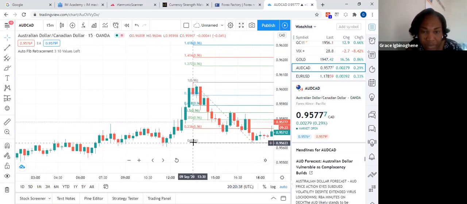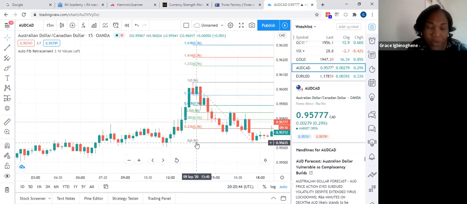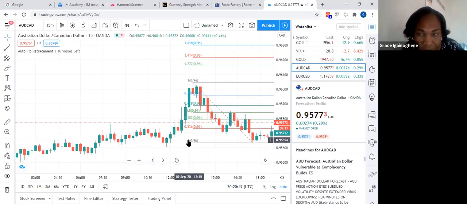Look at 0 here at the bottom. Can you see 0? And then in brackets, there's a price, right? So that's 0, the one outside the bracket is what I'm looking for. That's my point A to enter.